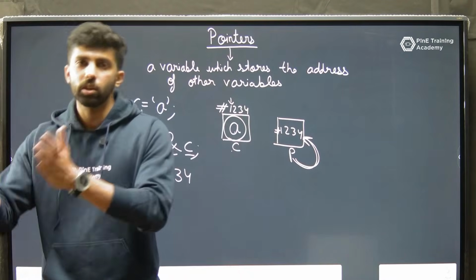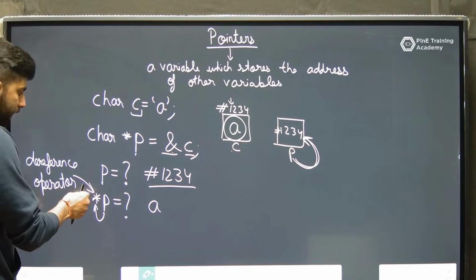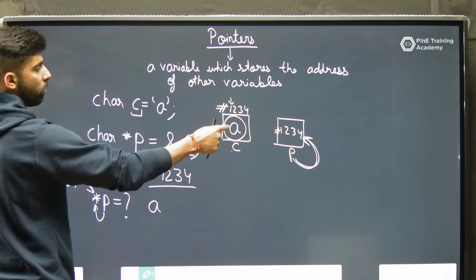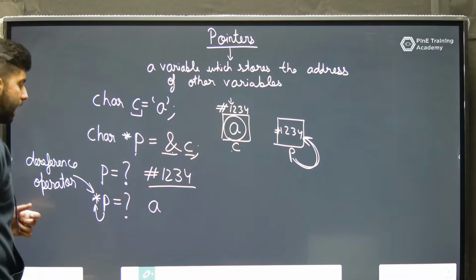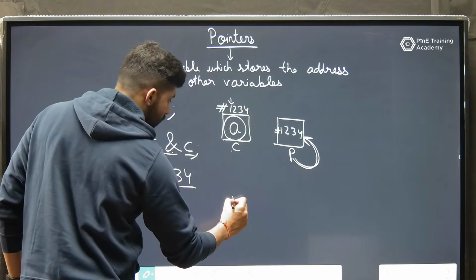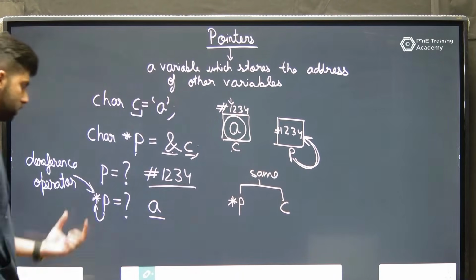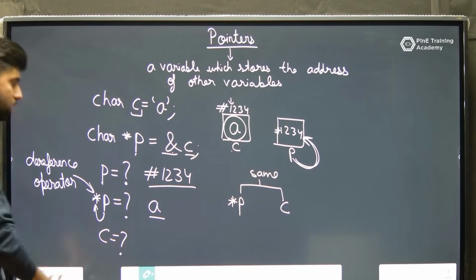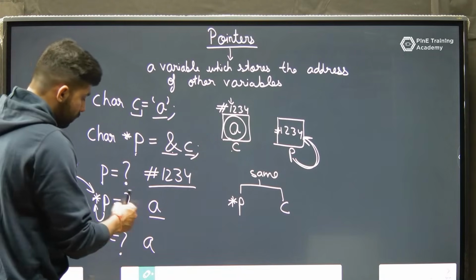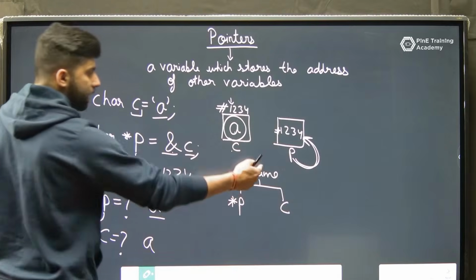P was simply whatever we stored inside P, but dereferencing means P was storing an address, and from that address we move towards its value, which is A. So star P means A. Or you can essentially think that star P and C both are the same, because if I print C, it will print A. If I print star P, it prints A. So both are exactly the same.